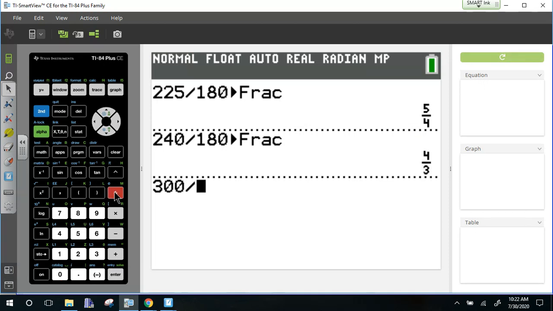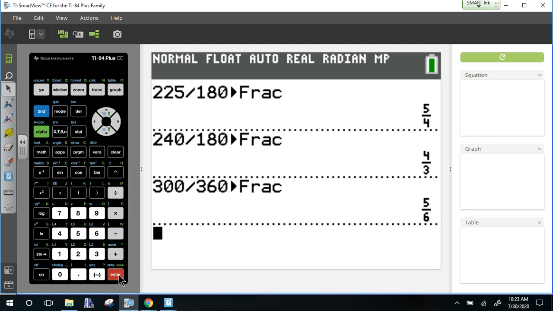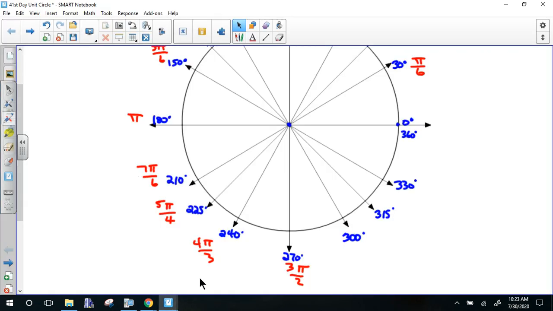300 divided by 180 is 5 pi over 3. 315, we did a couple of times when we were doing the conversion from radian to degree and degree to radian.